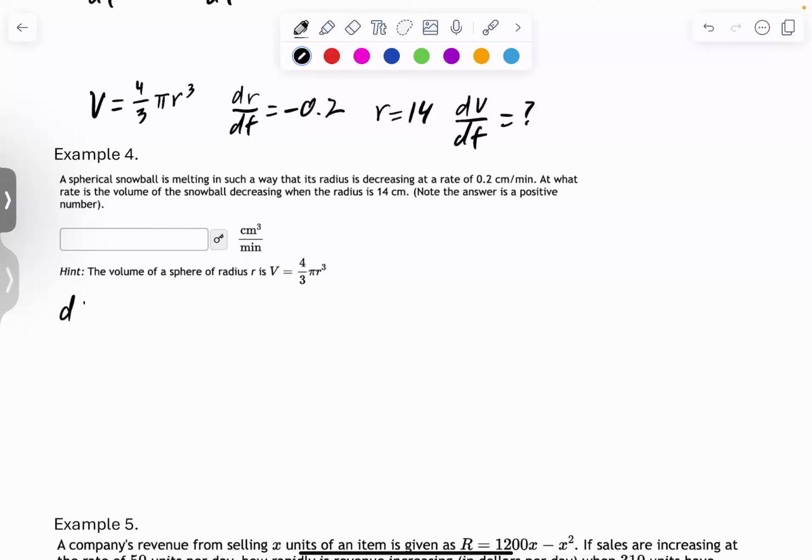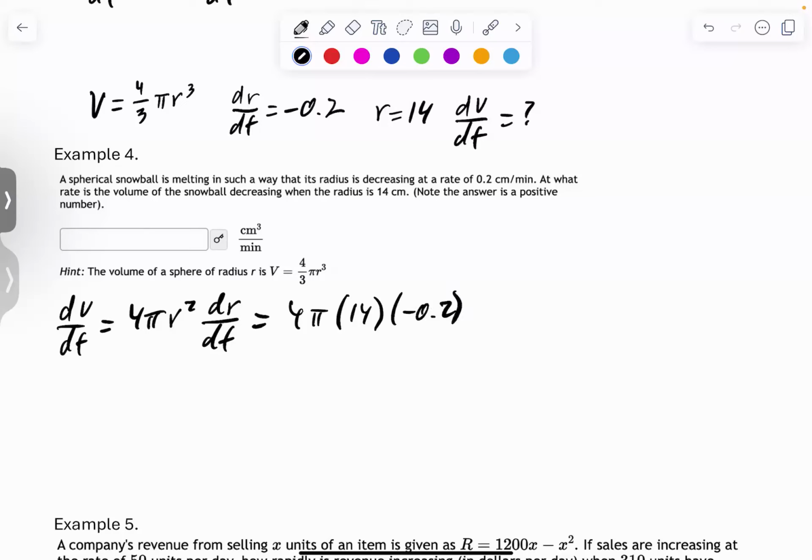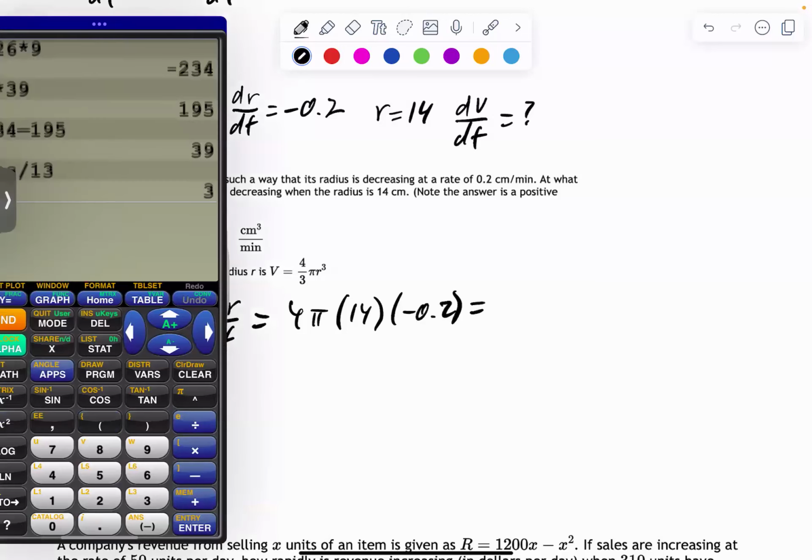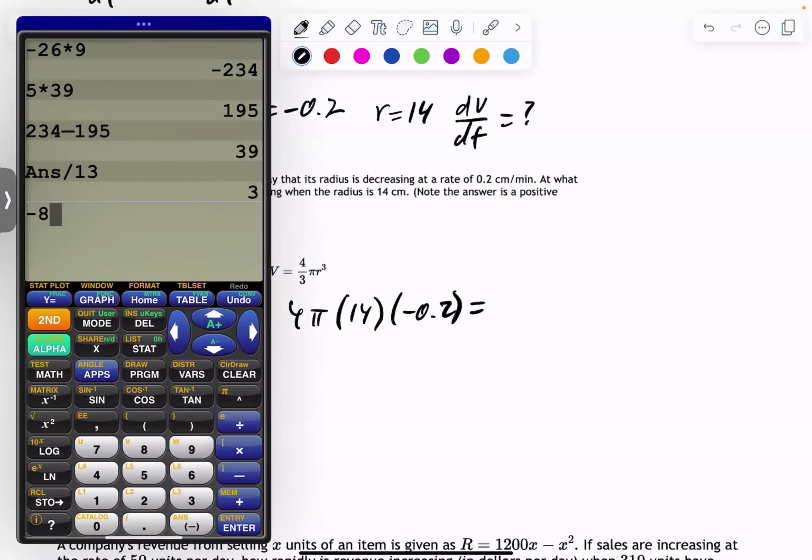So we're going to find dV over dt is going to be 4 pi r squared dr dt. r in our case is the 14. dr dt is negative 0.2. And that's going to give us, let's see what we get, negative 8 times 14.